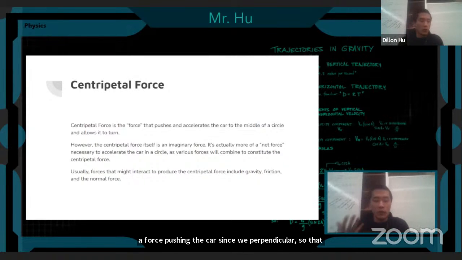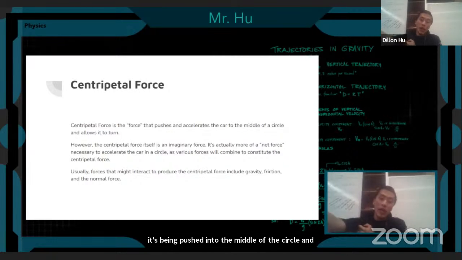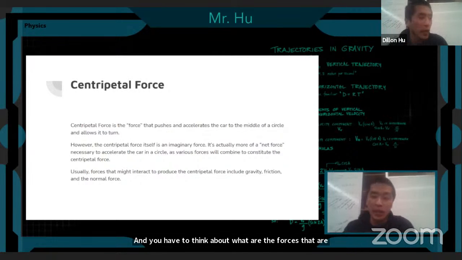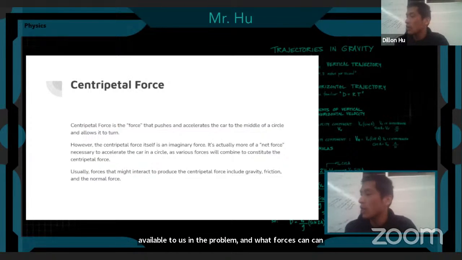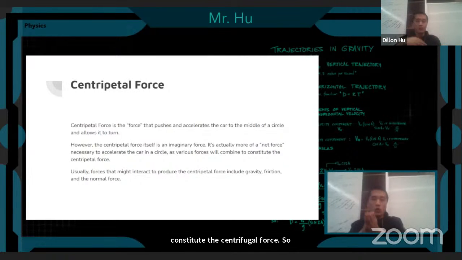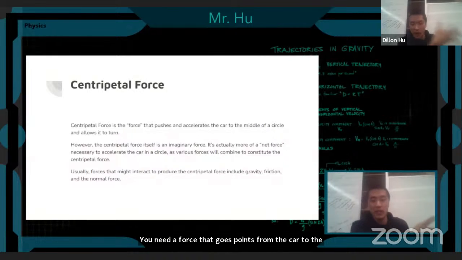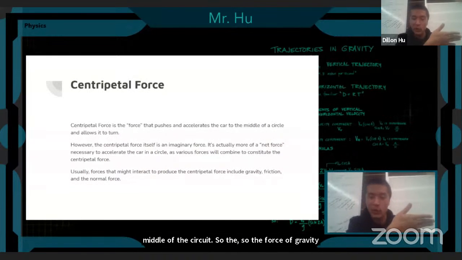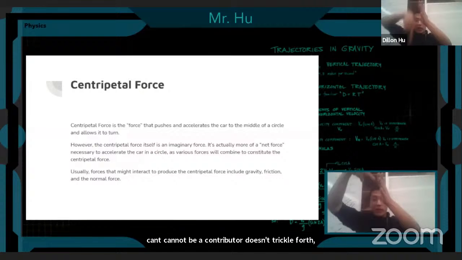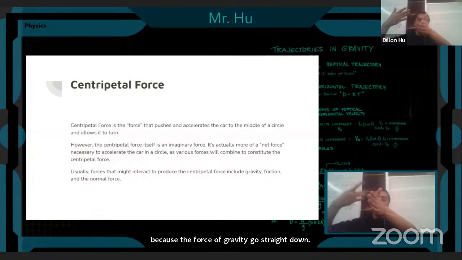And you have to think about what are the forces that are available to us in the problem and what forces can constitute the centripetal force. For example, if a car is going around in a circle, you need a force that points from the car to the middle of the circle. So the force of gravity cannot be a contributor to the centripetal force because the force of gravity goes straight down, and you need forces that go straight to the left.